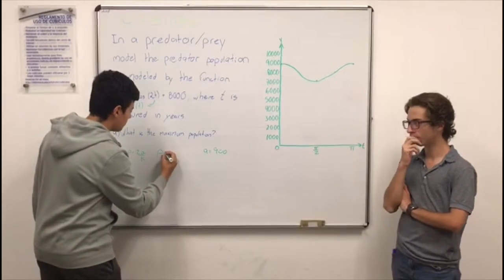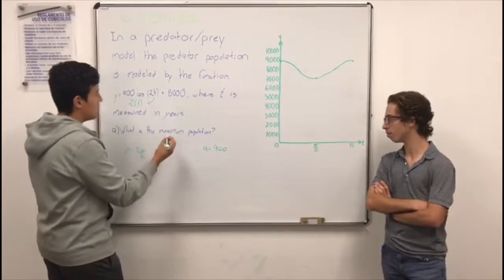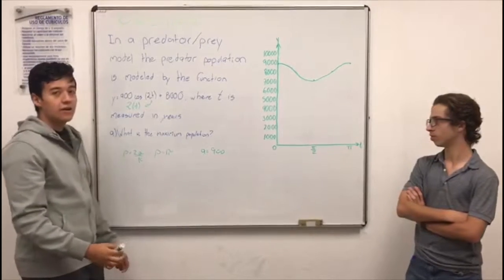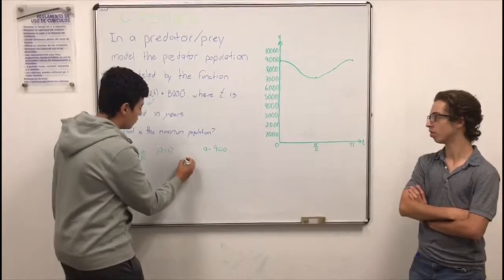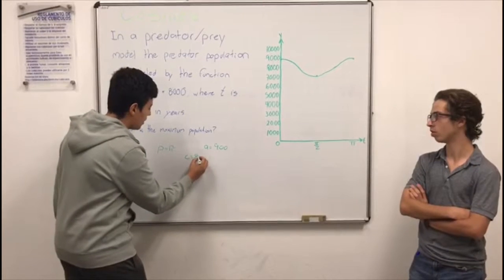So the period is pi. And it has an upshifting of 8,000. So C is equal to 8,000.